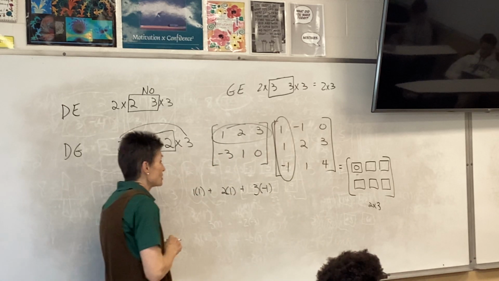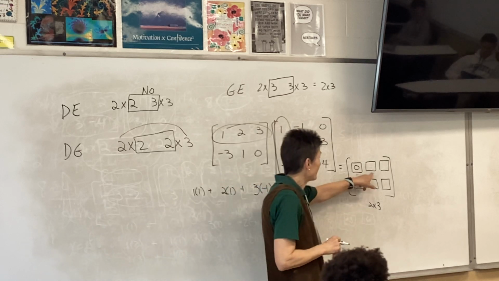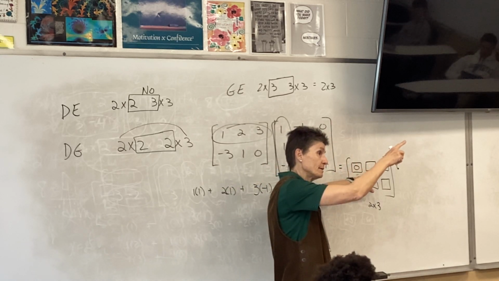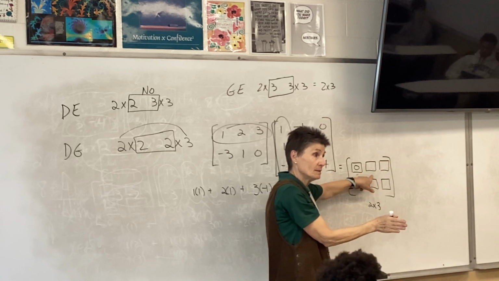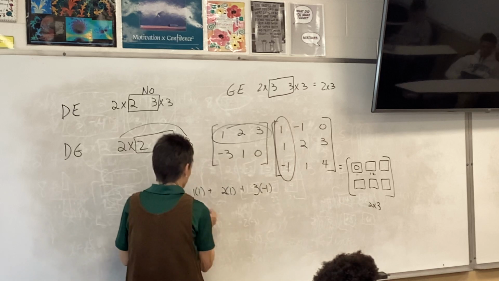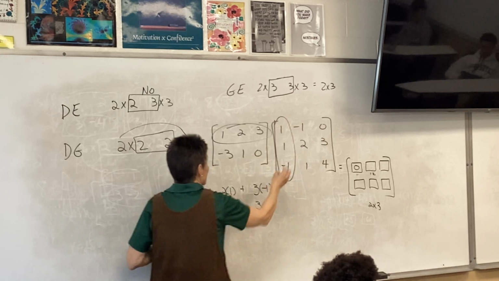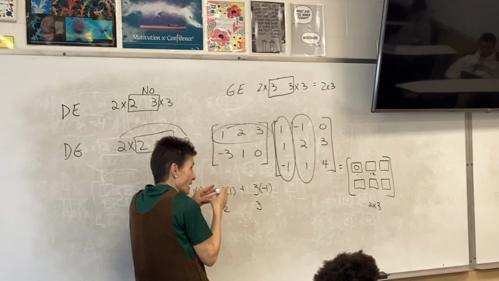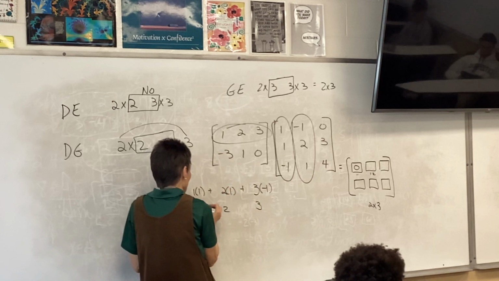Okay, so now I'm going to move over here. So what am I going to do to find this one? Row 1, but column 2. So here's row 1 again, 1, 2, 3. And then here's column 2. I always circle them to kind of focus my eyes, but you don't have to. That's not like a rule or anything.